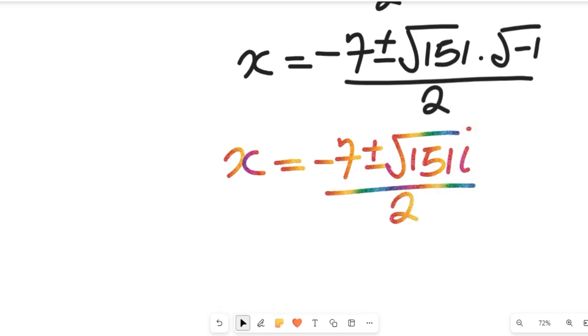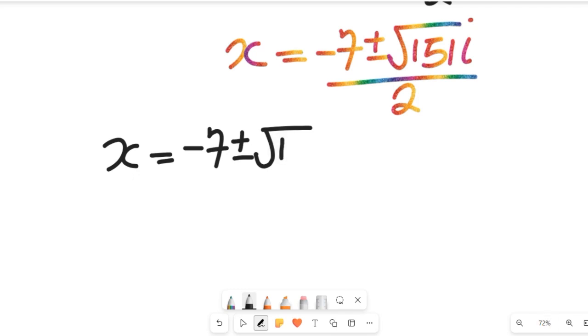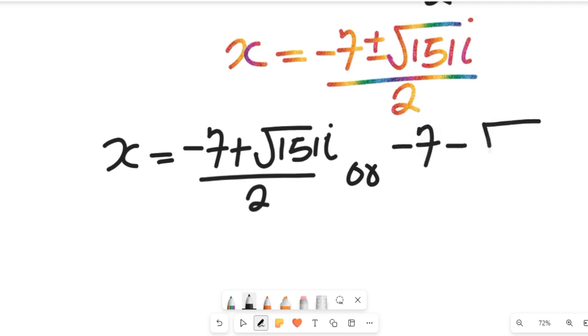So let's separate that expression. One solution is negative 7 plus the square root of 151 i over 2, and the other is negative 7 minus the square root of 151 i over 2.